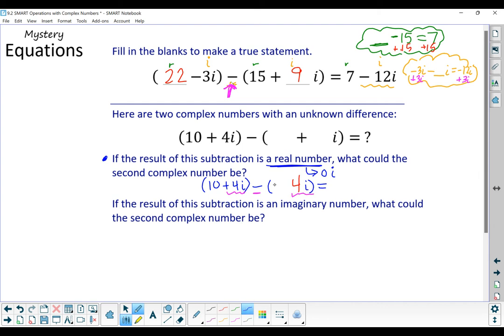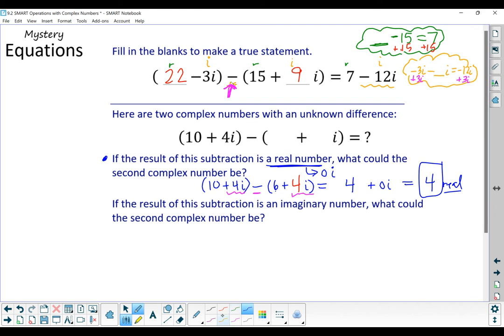And the other part, the real part, could be whatever you want it to be. It could be a 6 if you wanted it to be. So that would give me the answer 4, and then it would be plus 0i, which is just the real number 4. So you could have put any number you wanted in place of that 6 to get a real number.